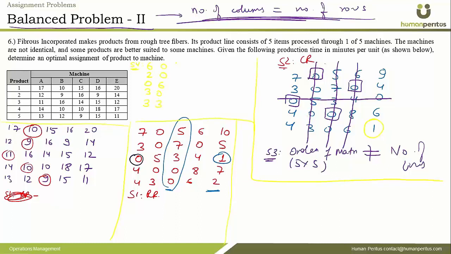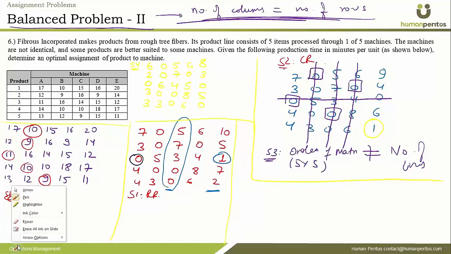Column 3: 5 will not change, 7 will not change. 3 is again at a crossing, so we will add 1: 4. We will not change the zeros. For column 4, 6 will not change, 0 will not change. For the 4, we will add 1 here, and we will not change 8 and 6. For column 5, we will subtract 1 from all the unassigned terms, which are 8, 3. We will not change 0, 5, and 0.